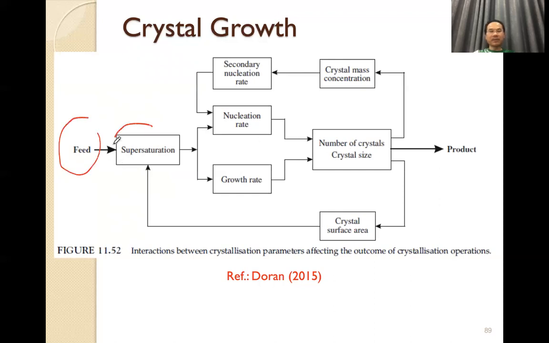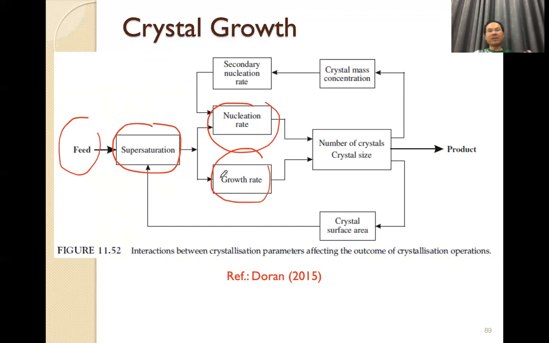The feed should be supersaturated. If the feed is not supersaturated, like if you feed in an undersaturated solution, you have to create supersaturation. The simple way is to decrease the temperature until it reaches supersaturation. Then we have two kinetics, nucleation rate and growth rate.